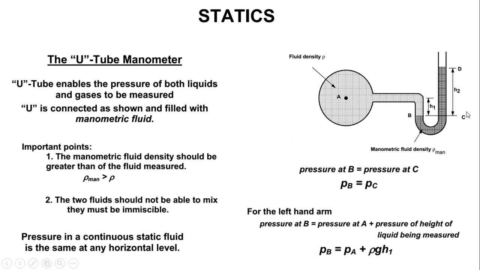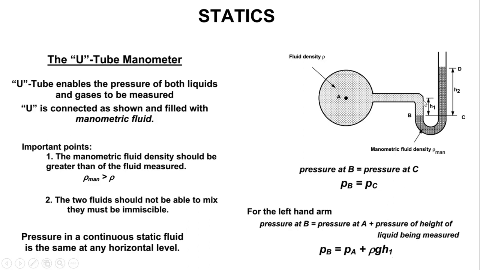For us to solve this problem, we have to look at the pressure at B. Anything above B will give us the pressure at B. So the pressure at B will be equal to the pressure at A plus the pressure of the height of the fluid above B, which is the height H1. Mathematically we can write P_B equals P_A plus rho g h1.